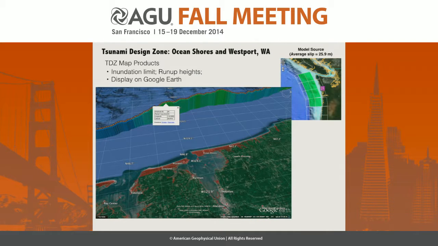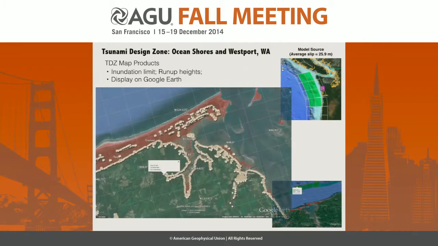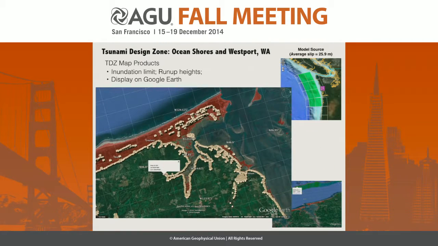You can see the source slip is quite big, 25.9 meters. And the red shaded area is the tsunami design zone that we computed. And because they want to include the run-up height, we have the dots around the inundation limit. So when you click on any dot, it will show you the longitude, latitude, and the run-up height.